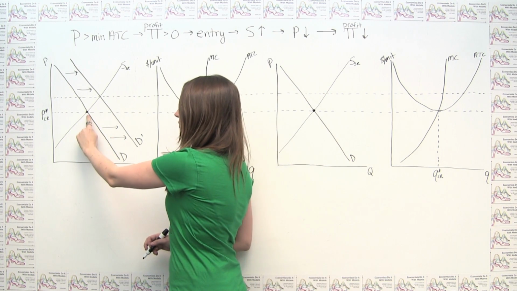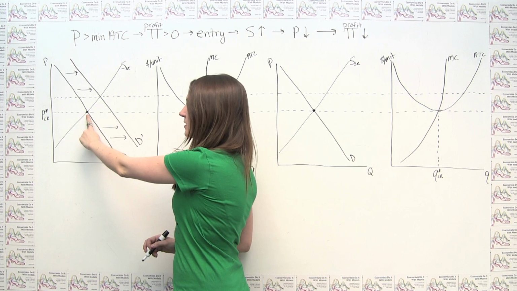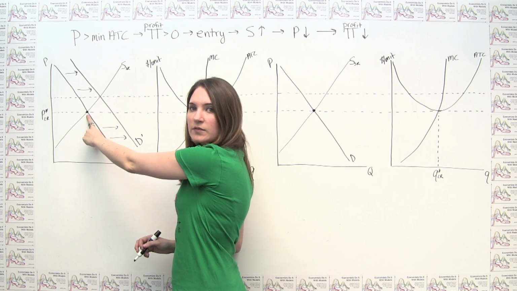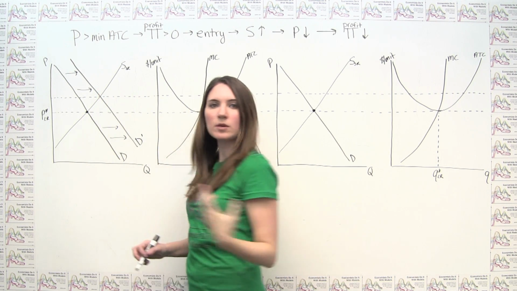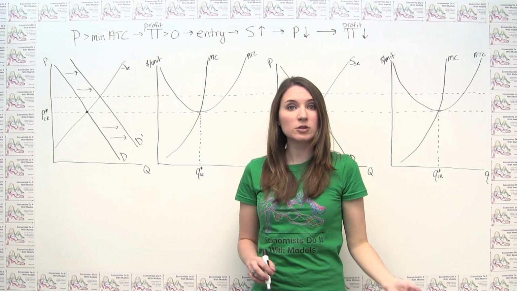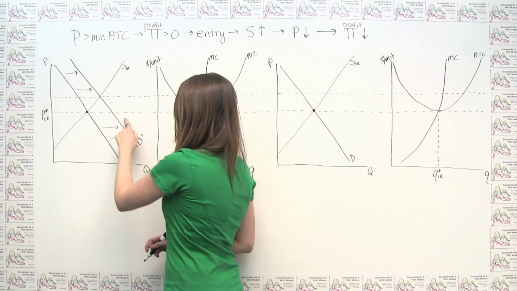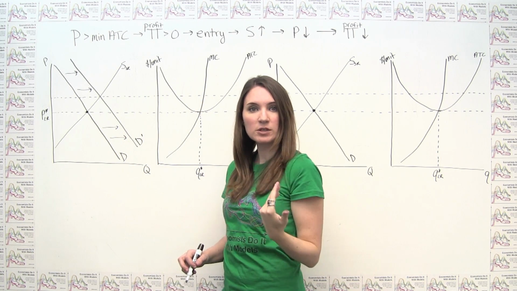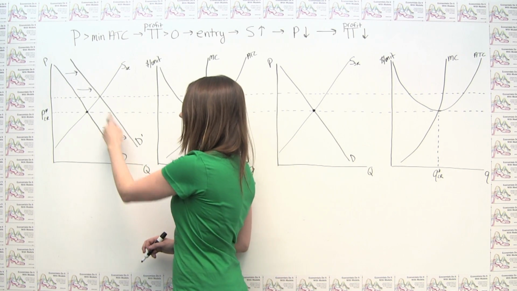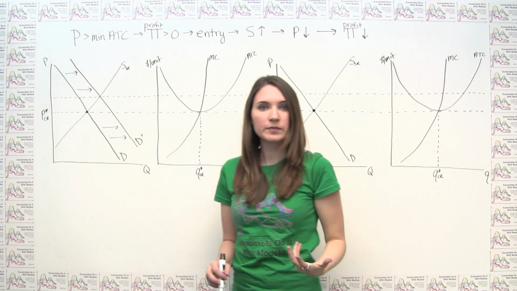So we can examine what happens when we move from this long-run equilibrium to a new equilibrium as a result of an increase in demand. Here, I've drawn in a new demand curve that represents an increase in demand, because we've shifted demand to the right.